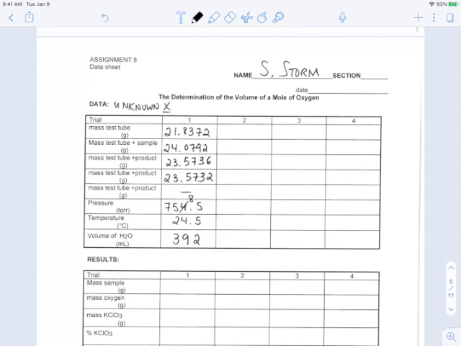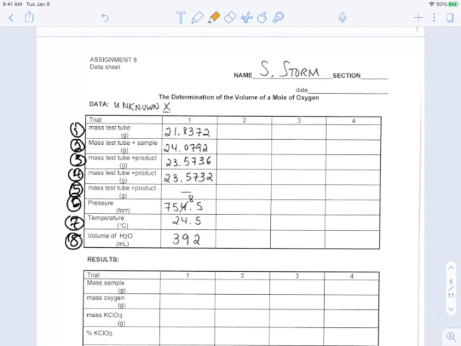One of the things that I do, before I do my calculations, is put numbers on these items. That'll be number 1, 2, 3, 4, 5, 6, 7, 8.